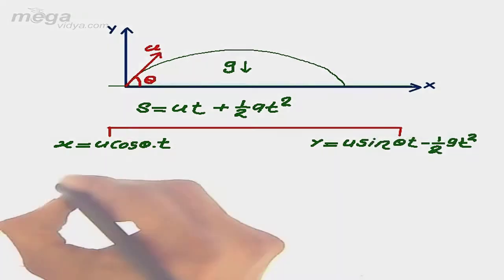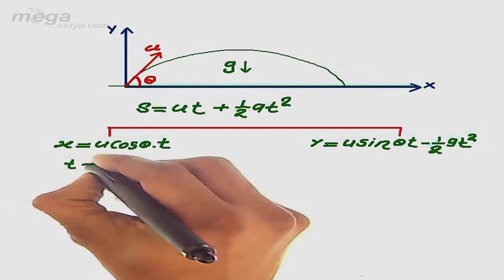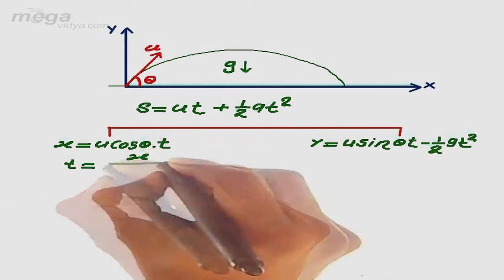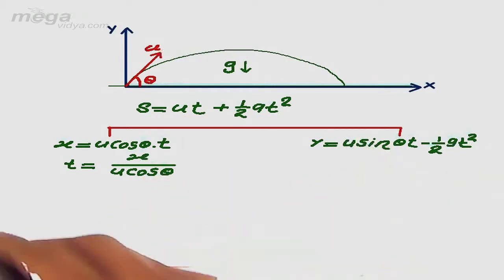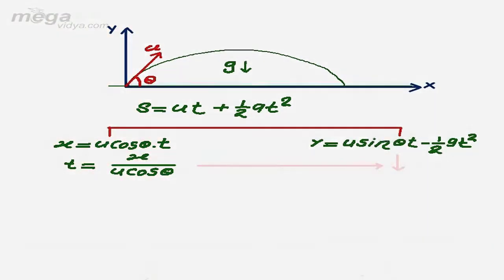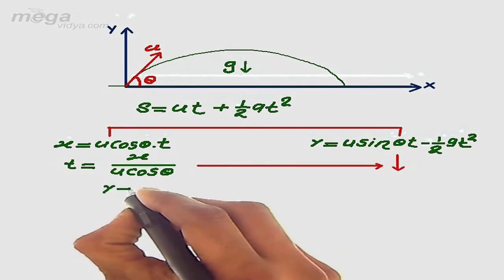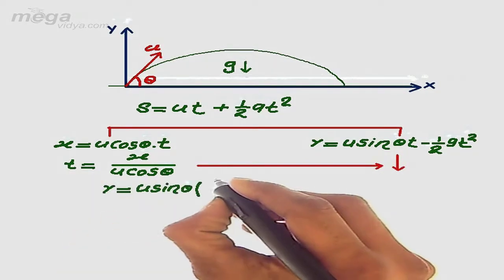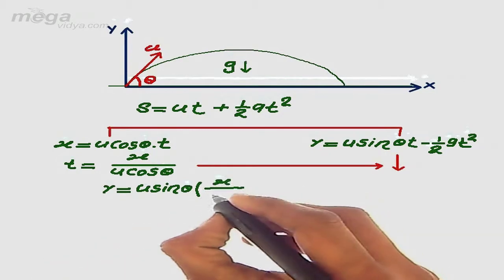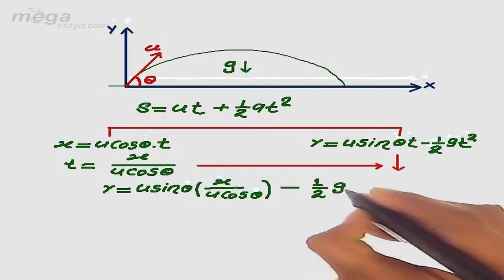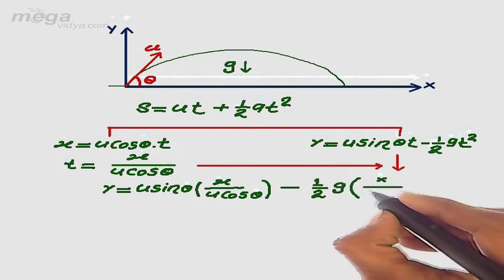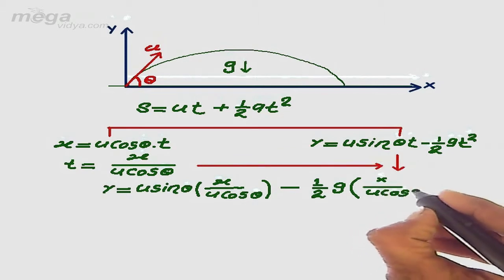If we obtain the value of time from this equation as x upon u cos theta and put it into the equation y equal to u sin theta t minus half gt square, we get y equal to u sin theta multiplied by x upon u cos theta minus half g times the square of x upon u cos theta.